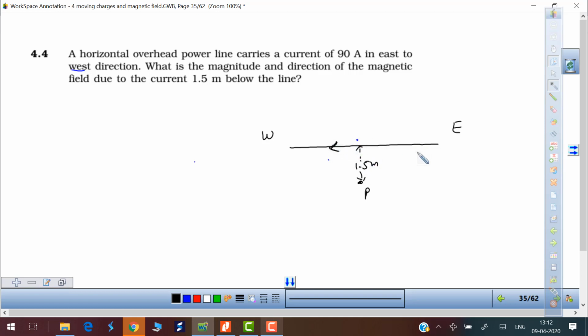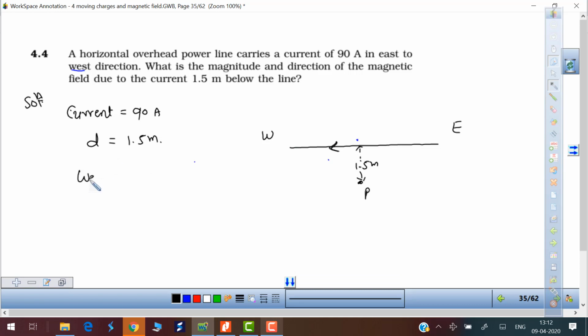So you can find the magnitude. First I write the data. So current is 90 ampere and distance is 1.5 meter. So again, same formula what we used in last problem.